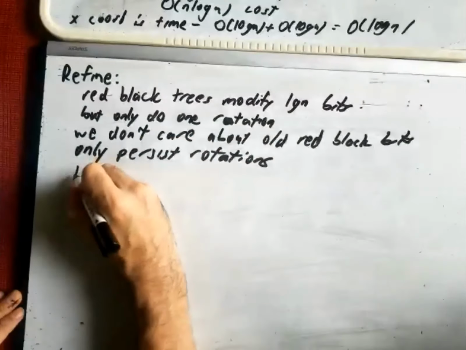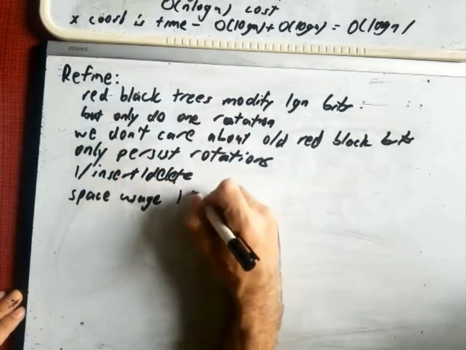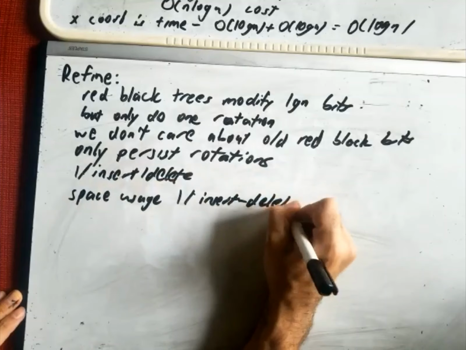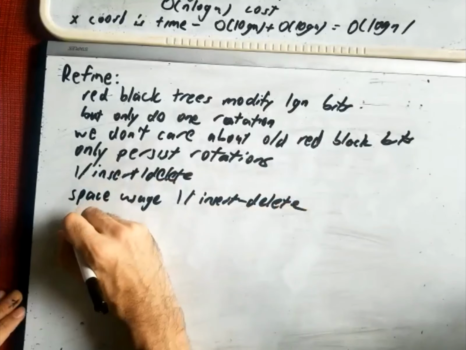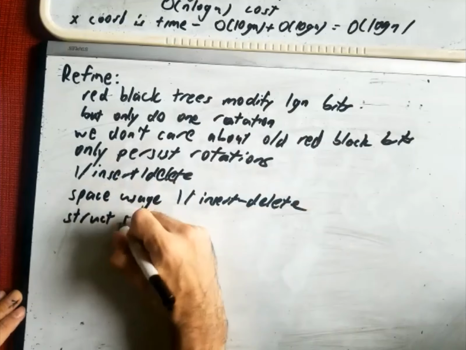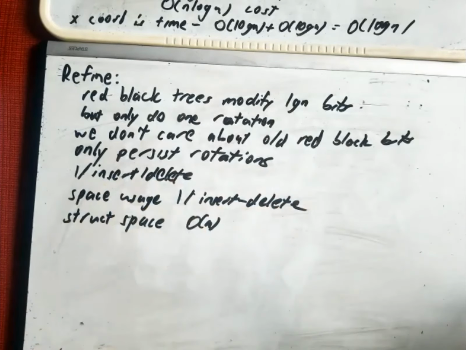And since there's only one per insert or delete, that improves the space usage to 1 per insert or delete. And that means that the space of the data structure improves to order n instead of n log n.